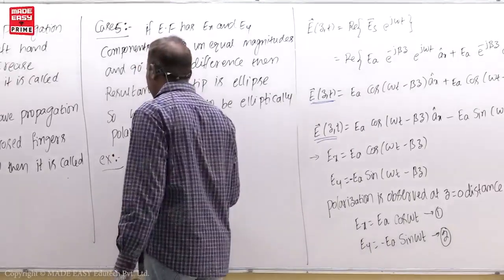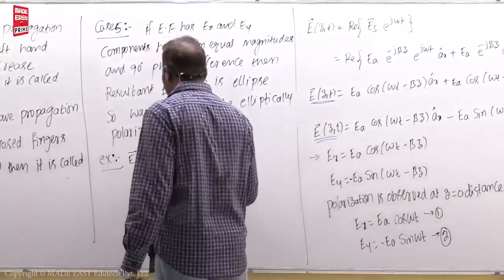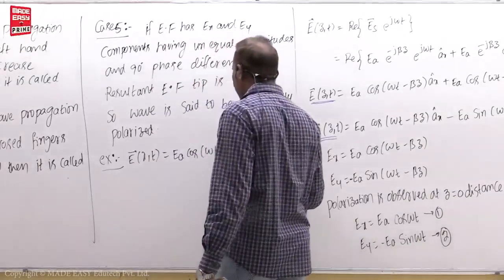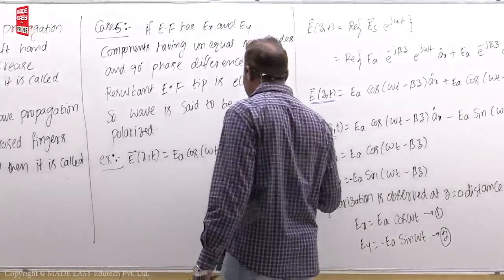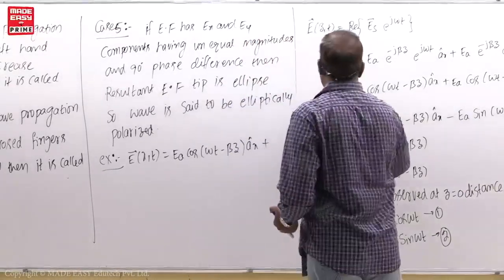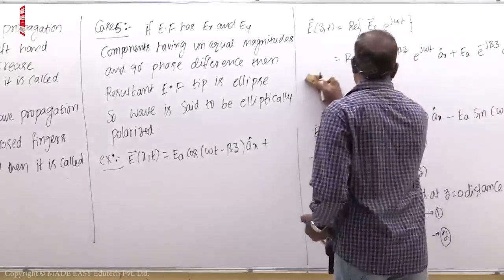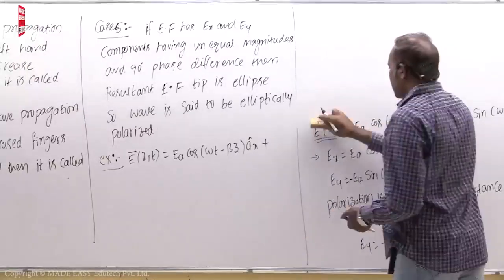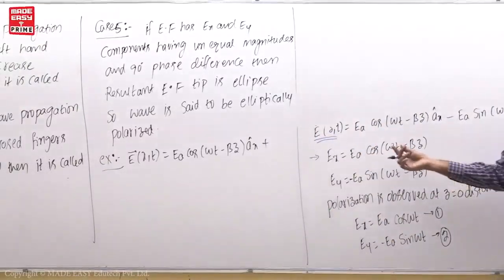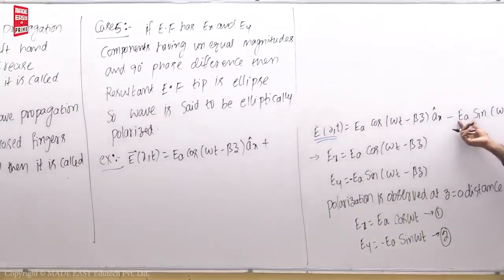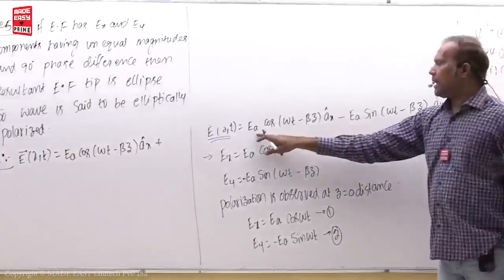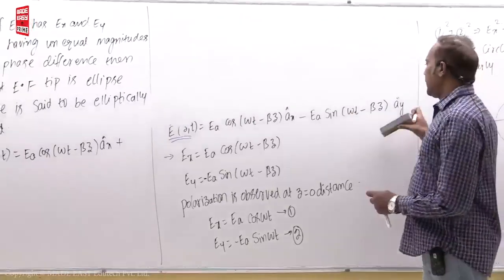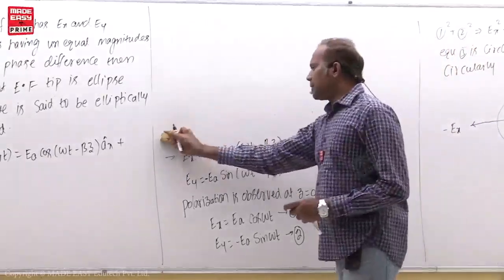Given electric field EA cos(omega t minus beta z) AX cap plus EB cos(omega t minus beta z plus 90 degrees) AY cap. So the same equation is given, and here EA is kept, here EB is kept. Here EA and EB have different magnitudes, then automatically the equation becomes an ellipse, students.